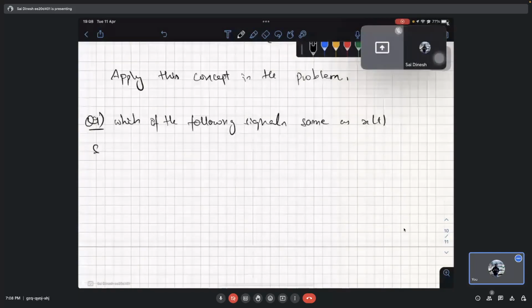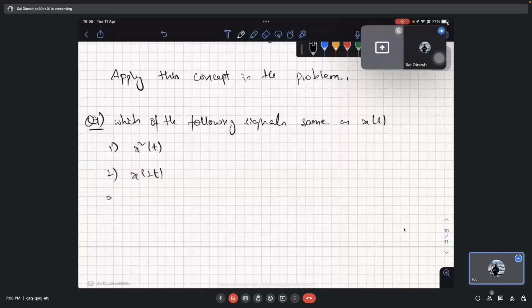One is x square of t, x of 2t, the partial derivative of x of t with respect to t, and the fourth one, the integral from minus infinity to infinity of x of t minus tau times x of tau.